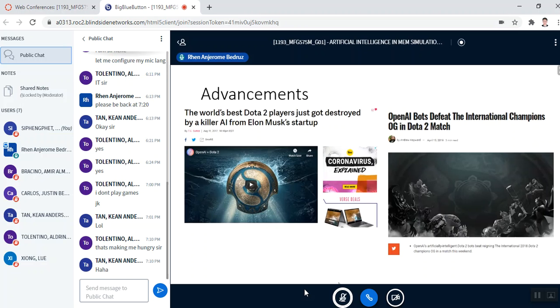Almost 3 years ago, on August 11, OpenAI created an AI program that could defeat professional Dota players.